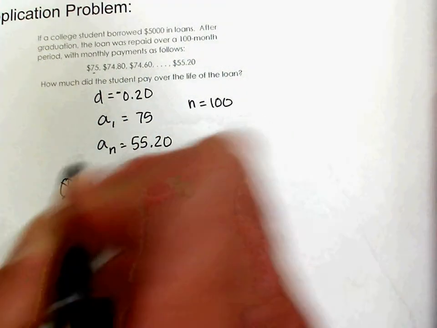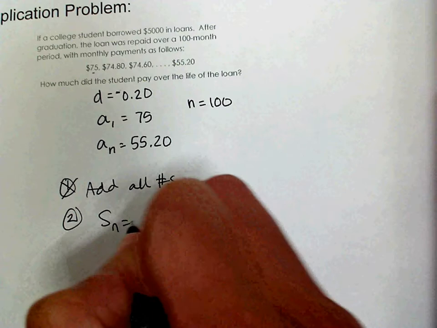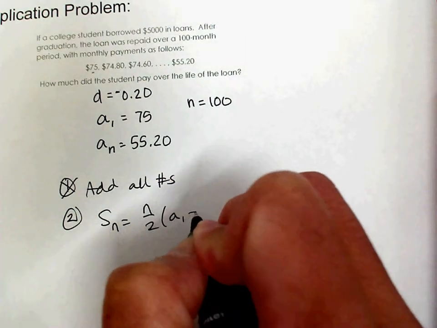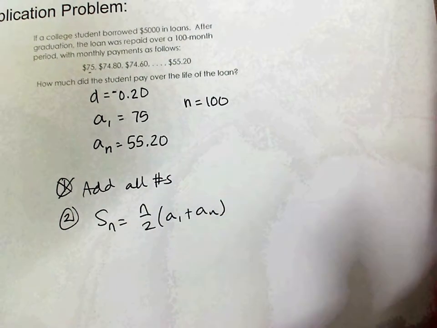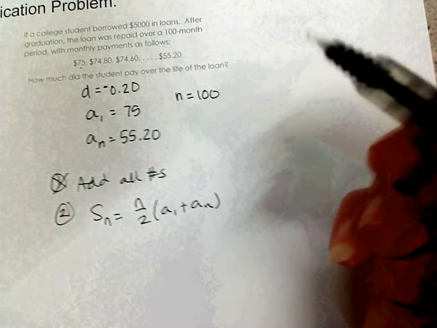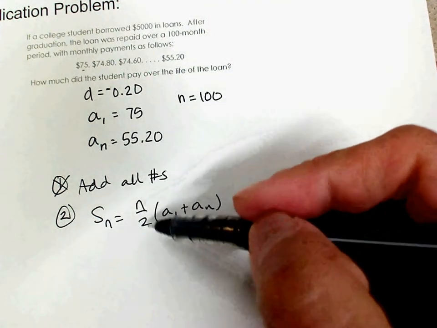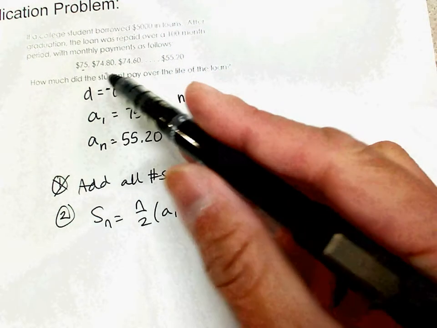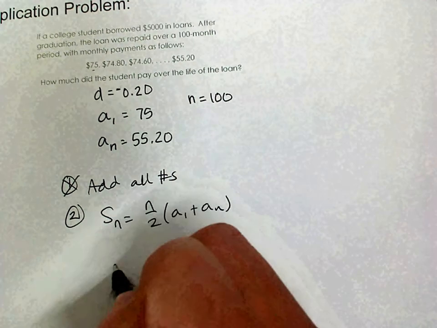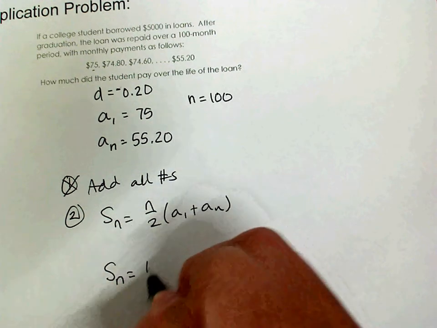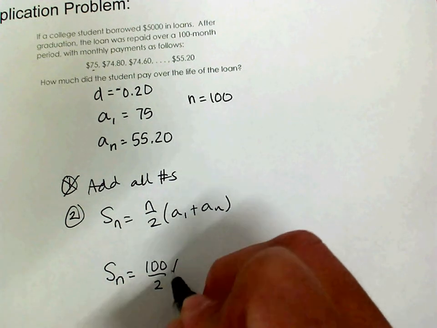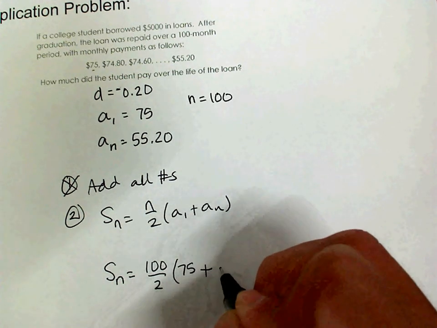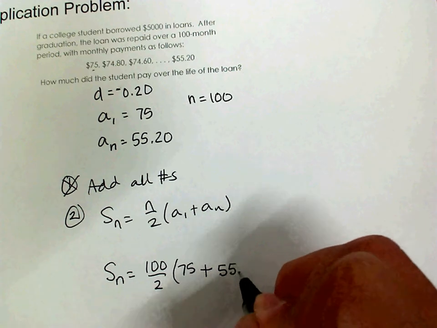Number two, could you use this formula? Let's see. N is 100 divided by 2. Here's your first term, here's your last term. So we could use this formula. And if we do, what are we going to get? 100 divided by 2, your first term is 75, and your last term is 55.20.